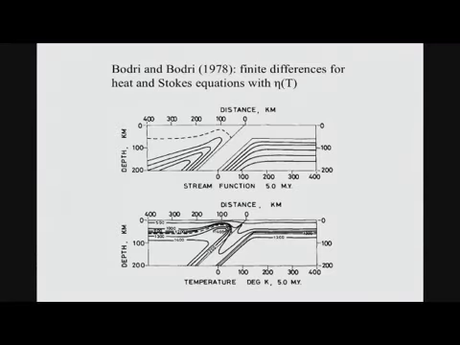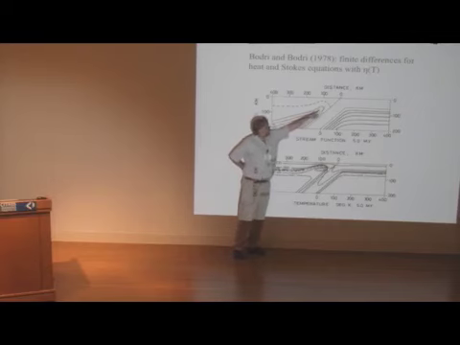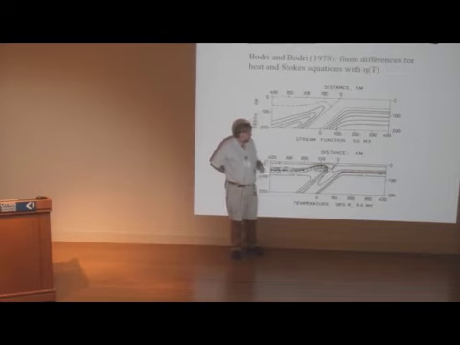Beaudry and Beaudry improved on the numerical solution by not just solving the heat equation with finite differences, but also the Stokes equations. They had an early approximation of a temperature-dependent rheology in there, which you can actually see by the streamlines. Instead of coming in horizontally, you actually get a cold lithosphere, and streamlines go up, focus in the corner, and go down.